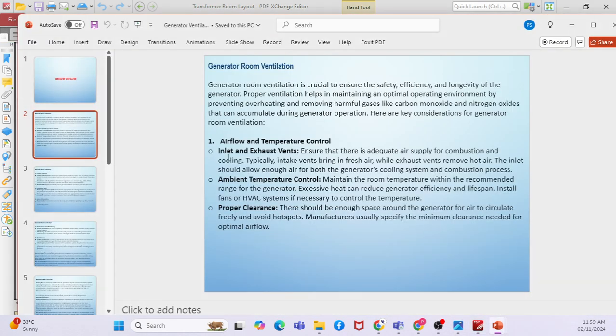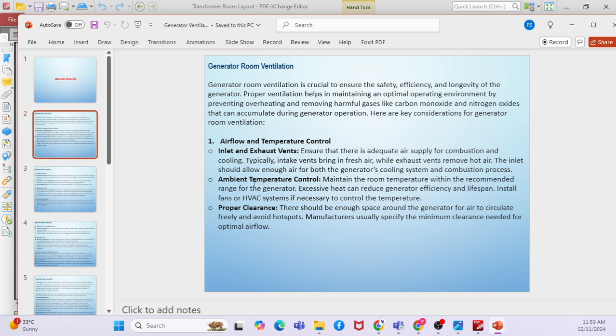Here you can see that inlet and exhaust will ensure that there is adequate air supply for combustion and also for cooling. Typically intake vents bring in fresh air while exhaust vents remove hot air. The inlet should allow enough air for both the generator cooling system and the combustion process. Clear, right? Is everyone clear on the basic concept?